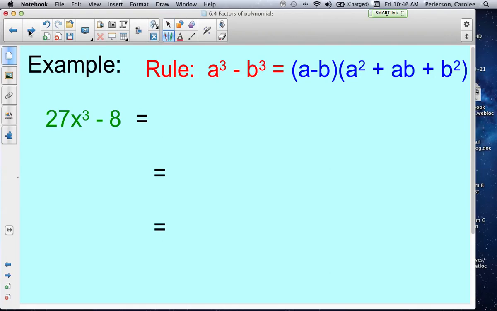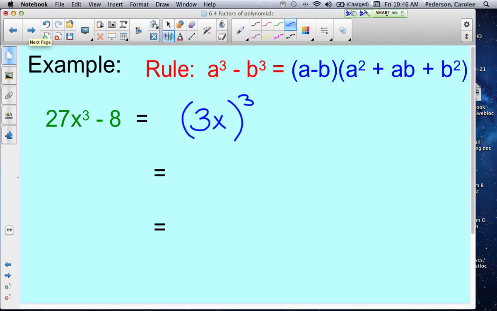So I can rewrite 27 as 3 times 3 times 3. So that's 3x raised to the third. And then minus 8 can be rewritten as 2 times 2 times 2, or 2 cubed. And then we go ahead and put this a and this b into the rule.